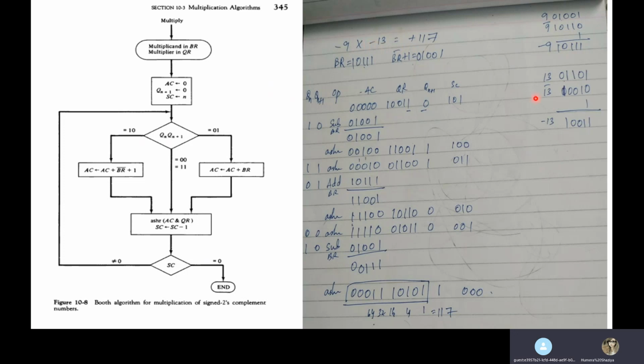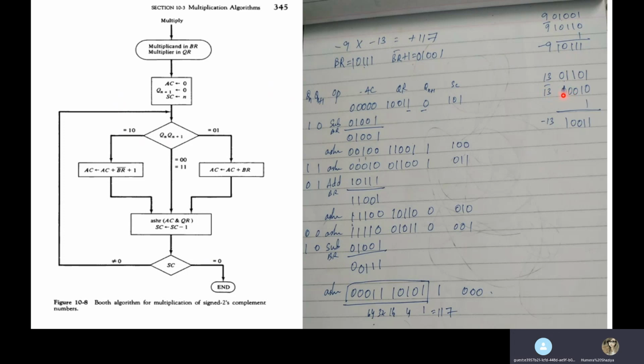Minus 13. 13 is 01101. First you need to figure out the binary representation of 13, which turns out to be 01101. When you take the 1's complement of 13, you invert every bit.